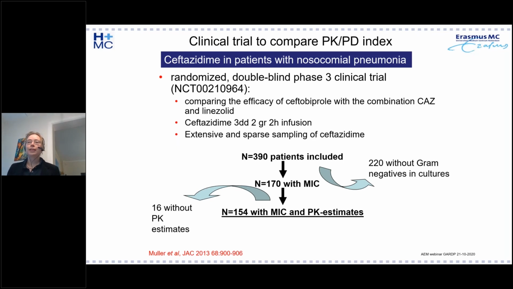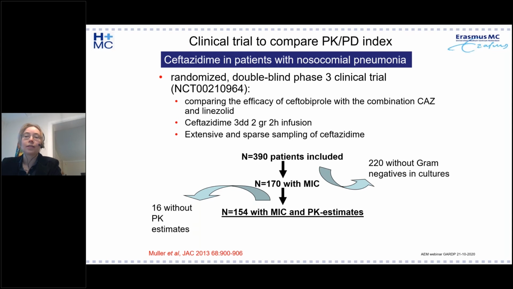And I'll show you an example, and that's also on ceftazidime. That is the data from a registration trial, the phase 3 trial of ceftobiprole. And ceftobiprole was compared to ceftazidime plus linezolid, but we took out only the ceftazidime data and looked at the gram negatives only, obviously, because that's what it's working against, to see whether we could determine the PK/PD index in these patients.